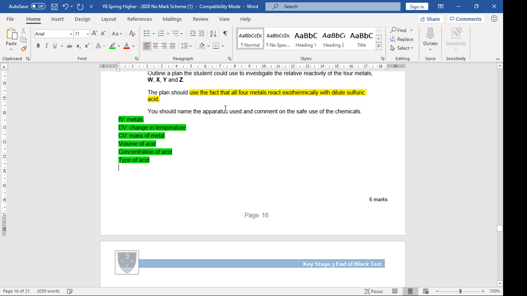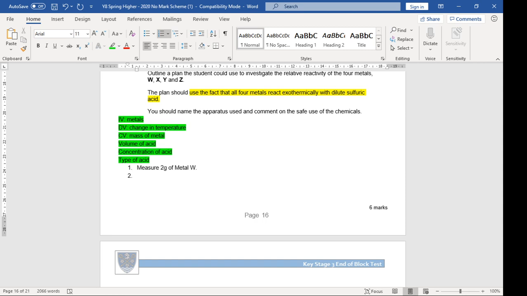So what I'd probably do is start off by saying, I always do methods as a series of points. So measure 2 grams of metal W. It doesn't matter that 2 grams might not be a sensible value, might not be what scientists use, as long as it's a given value, there's no problem with that, and it's not ridiculous. 2 grams is quite small.